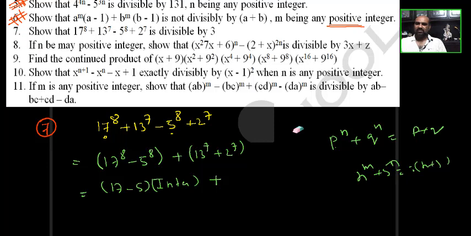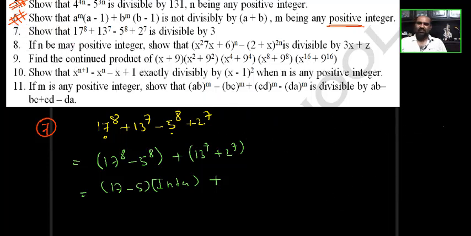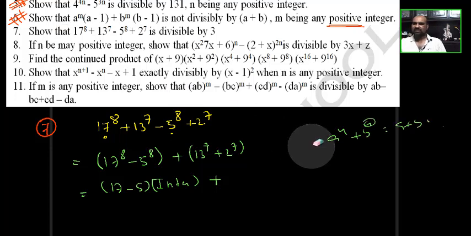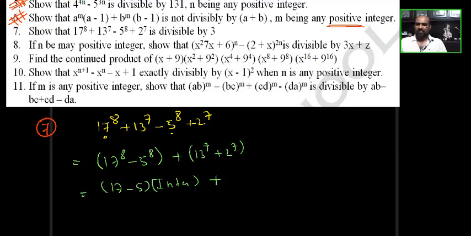So the second bracket is in the form of a power n plus b power n, and if n is odd, that's why it is divisible by a plus b. Already proved result. So what I can say, 13 plus 2 into some integer. What I can say, 17 minus 5, that is 12, into an integer, plus 15 into an integer.